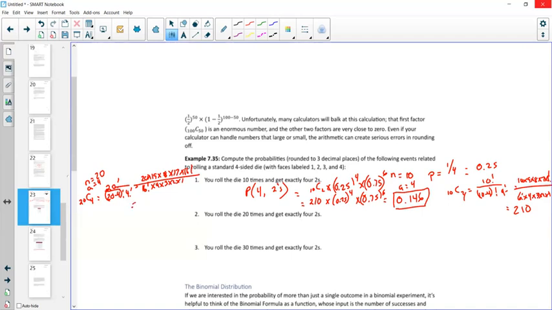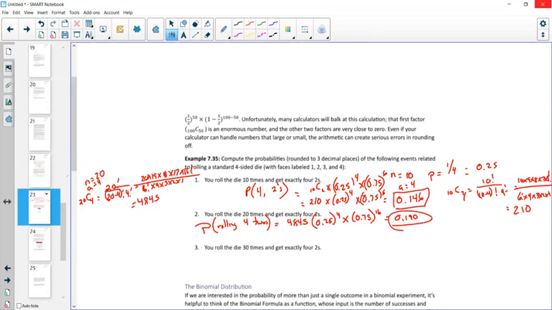And that gives me 4,845. So the probability of rolling 4 twos is 4845 times 0.25 to the 4 times 0.75 to the 16, which gives me 0.190.